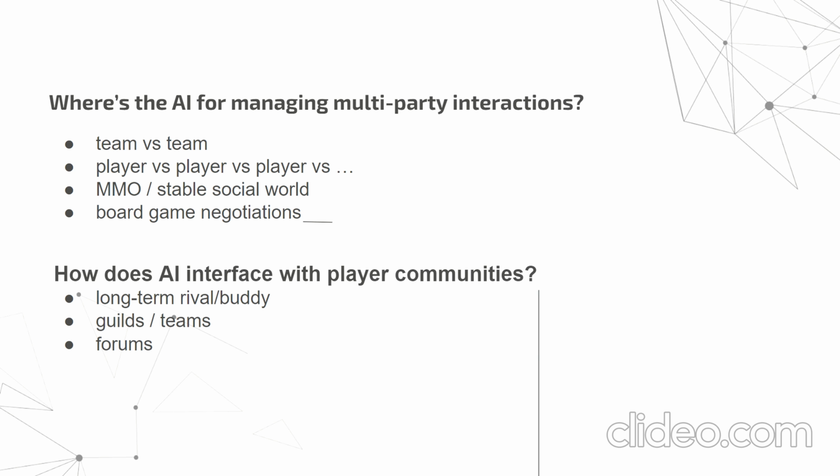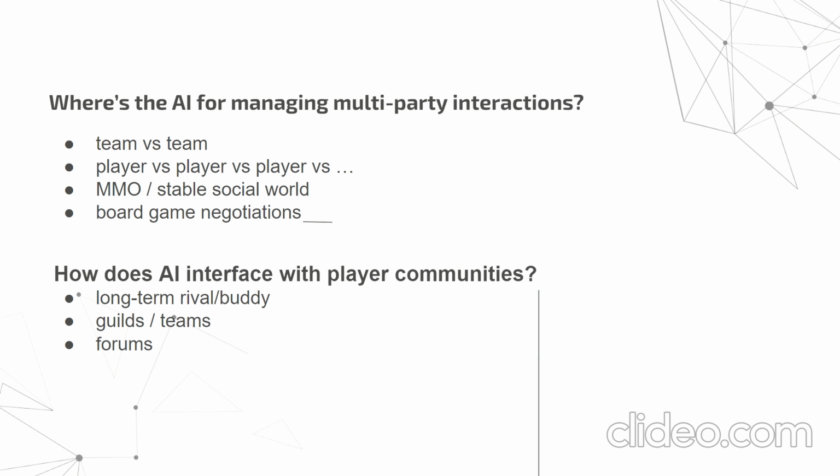It could be in MMO, which is massive multiplayer online games, which is basically a social networking game, and it can also be in board game negotiation. Negotiation games explicitly involve and encourage making deals and alliances with other players and backstabbing when needed or appropriate. So it is basically a diplomatic game kind of thing.